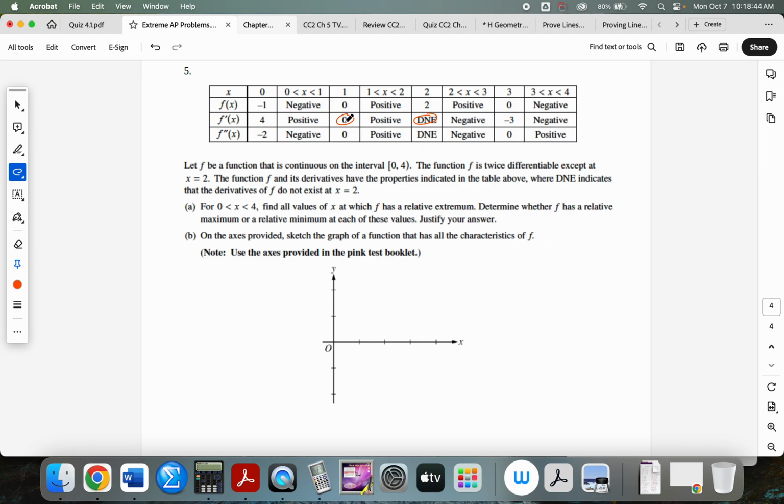So at x is equal to 1, what do we know about f? Stays positive. Yeah, has no relative extrema.